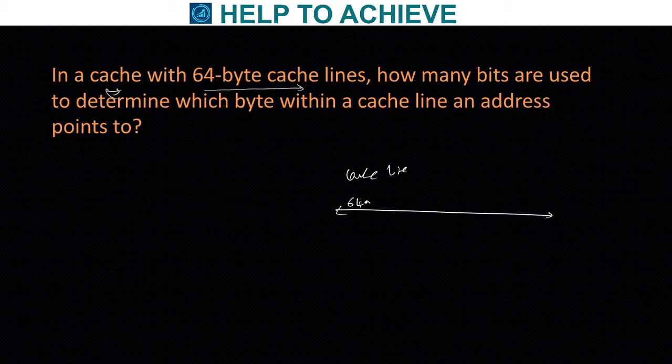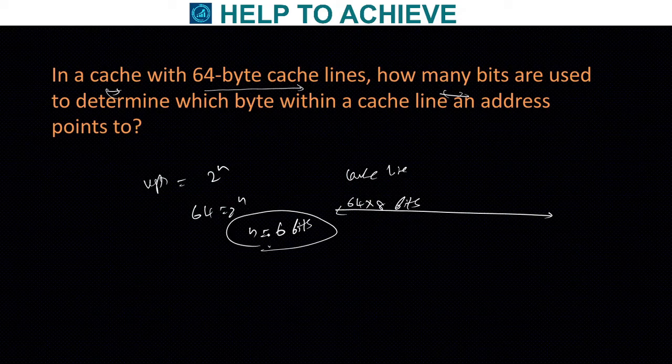In order to know the bits, we use the length equal to 2 to the power of n. So 64 is 2 to the power of n, then n corresponds to 6 bits. So 6 bits are used to address within this cache line. The correct answer is 6.